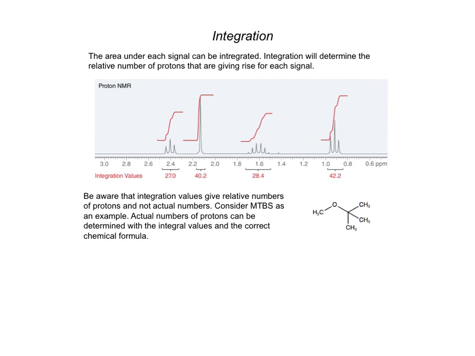The second bit of information that we can take away from a signal in the NMR spectrum is something that's called integration, right? So if you guys have taken integral calculus, you know that if you have a curve, let's say, and you integrate under the curve, that generally will give you the number of things that are giving rise to that signal.